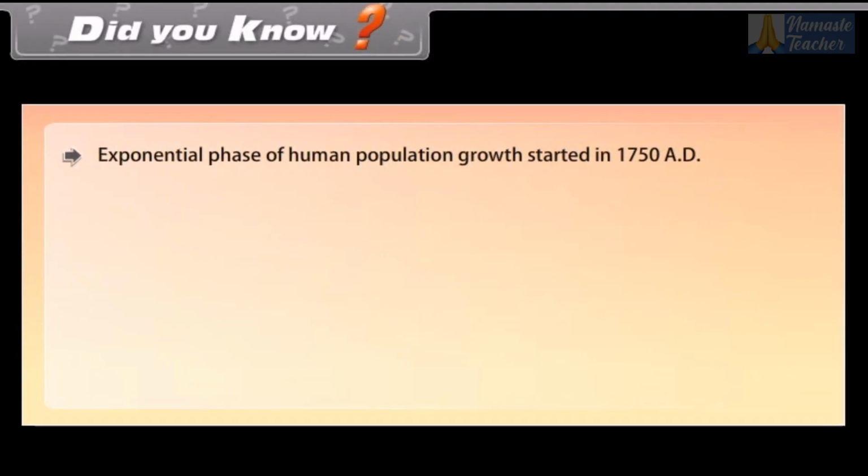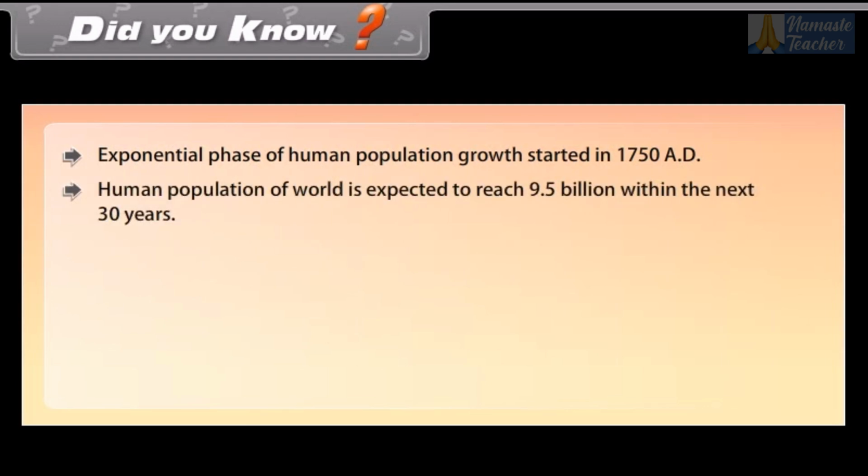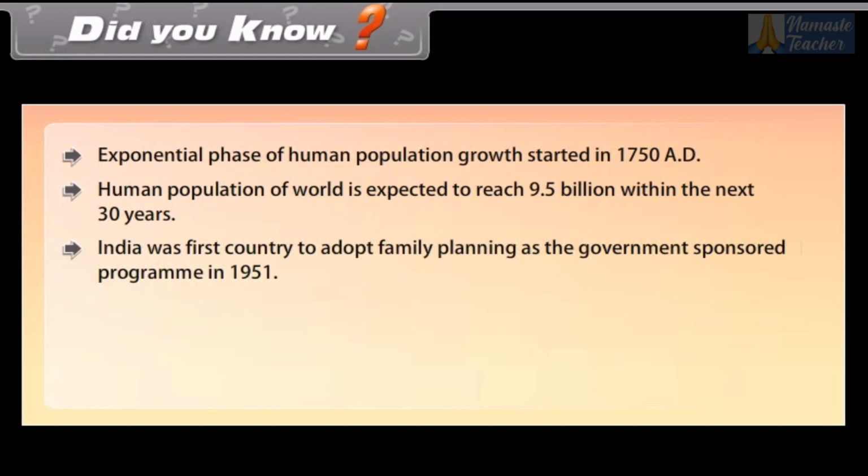Did you know? The exponential phase of human population growth started in 1750 AD. The human population of the world is expected to reach 9.5 billion within the next 30 years. India was the first country to adopt family planning as a government-sponsored program in 1951.